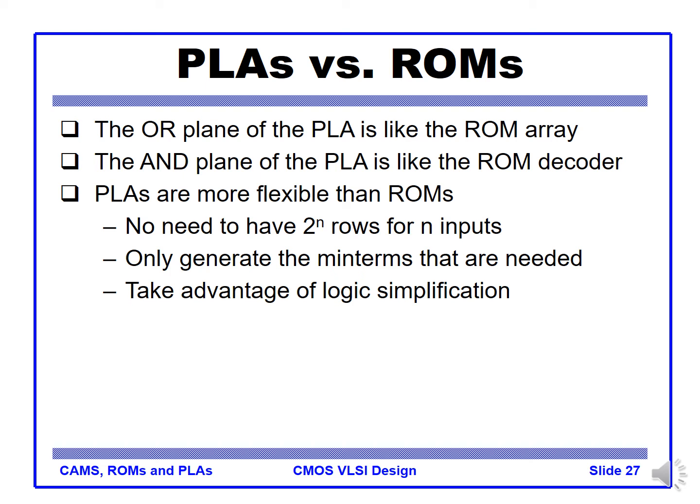So as you can see, the PLA is very similar to a ROM array. The ROM array had a single transistor to program the contents. The PLA is also a single transistor to do the logic function, especially when you use the ratioed logic, ratioed NOR logic gate there.